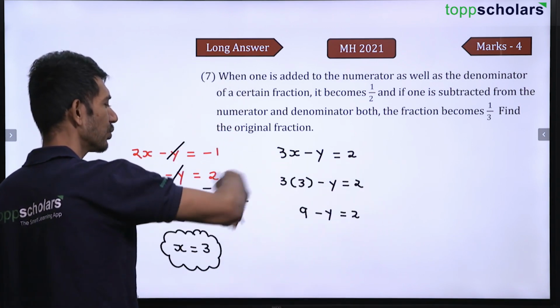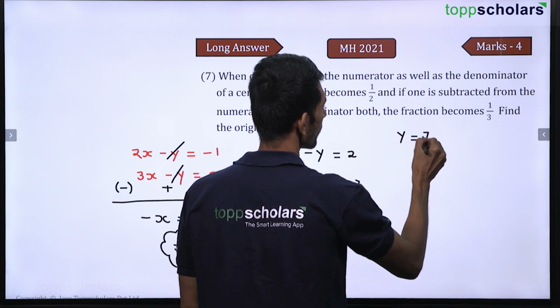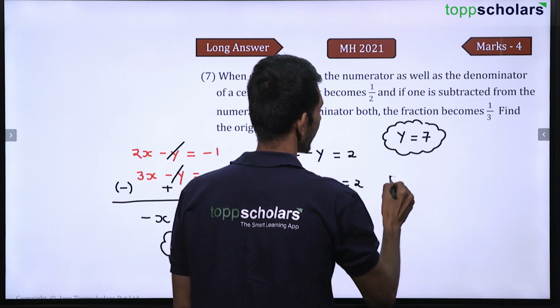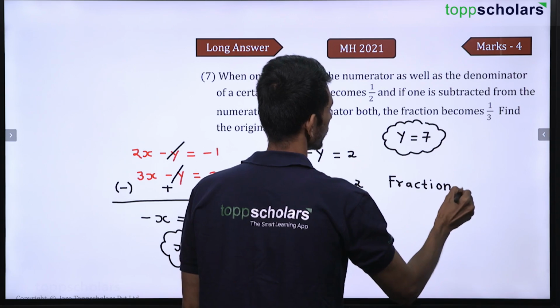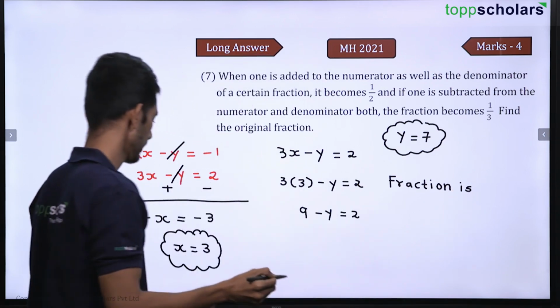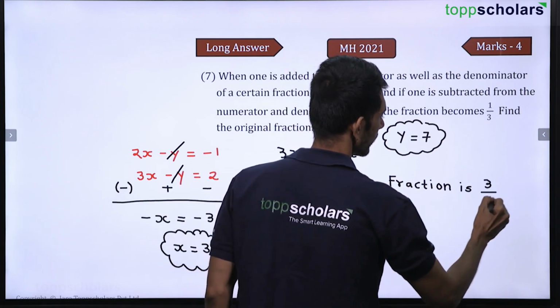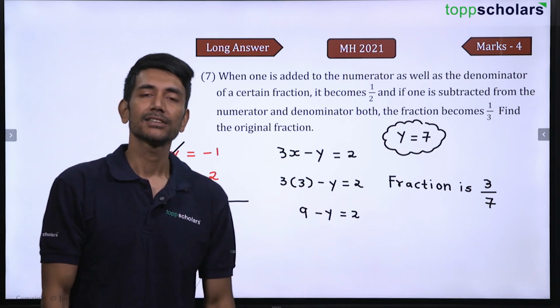Y goes on the right, 2 goes on the left. I get y is equal to 9 minus 2, that is 7. So the fraction is 3 by 7. Very simple and straightforward question.